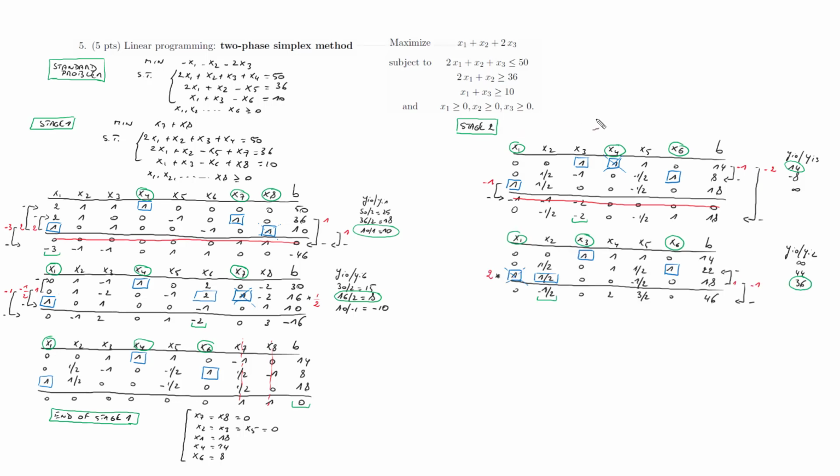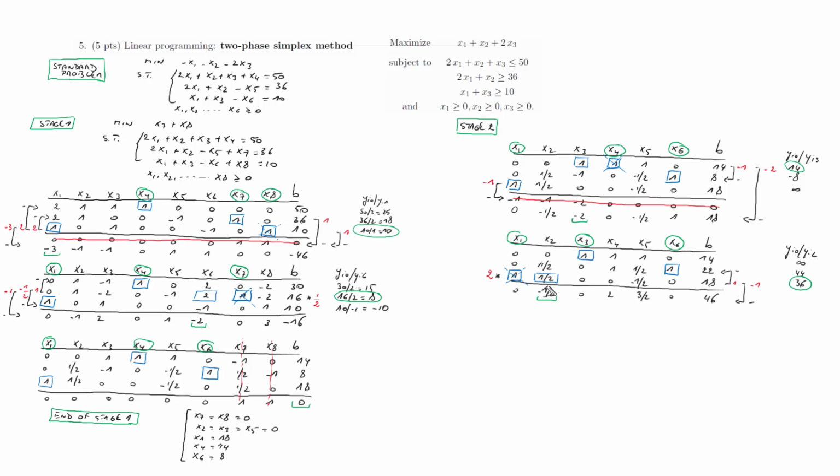Once you have performed these two elementary row operations, you obtain the following tableau in which x1, x3, x6 are basic variables with the corresponding pivots shown over here. And in the last row, we have the reduced costs. We see that there is one that is negative. So this means that you can reduce the cost by letting x2 enter the base, right?